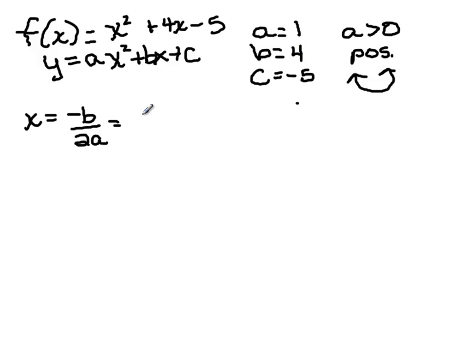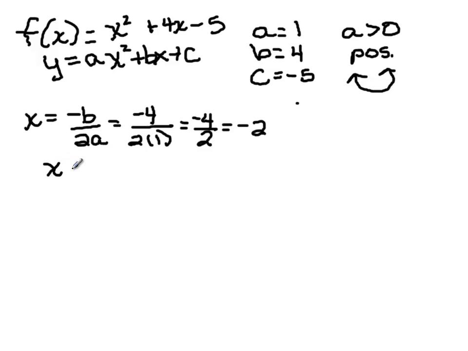So if b is 4, my b down here will be the opposite of that, or a negative 4. And then 2 times whatever my a value is, which is 1, and 2 times 1 is 2. And 2 divides into negative 4 and leaves me negative 2.